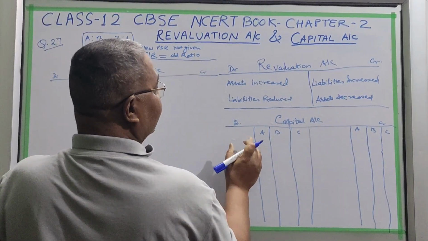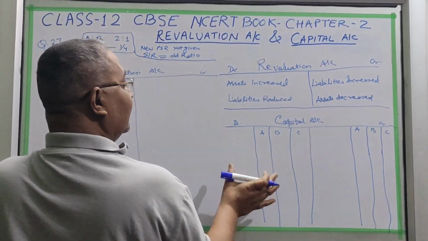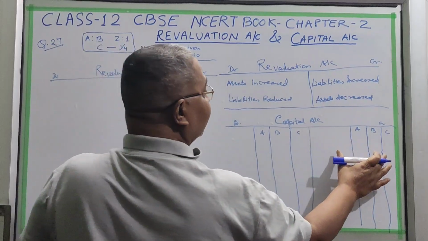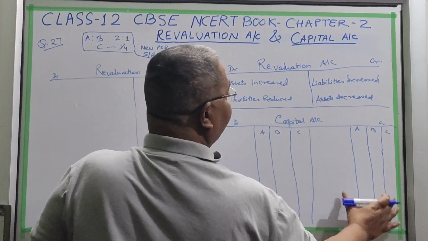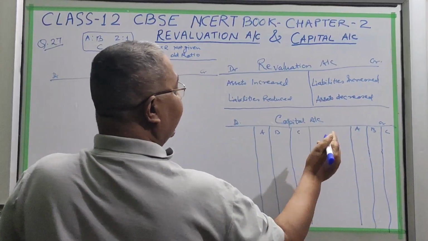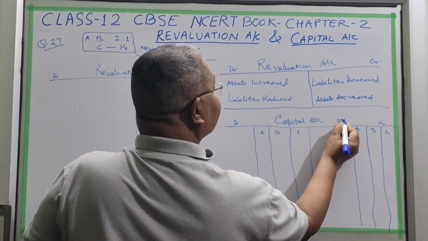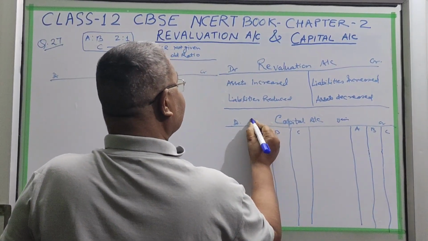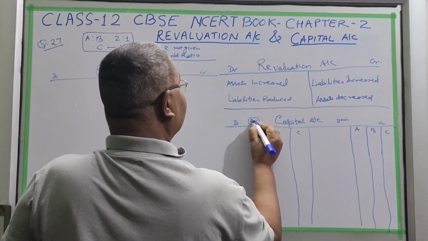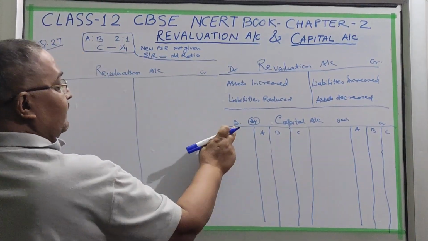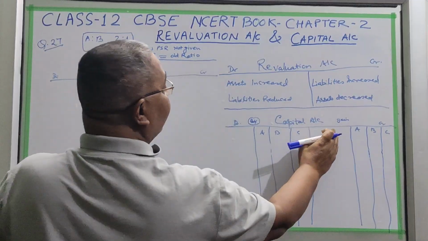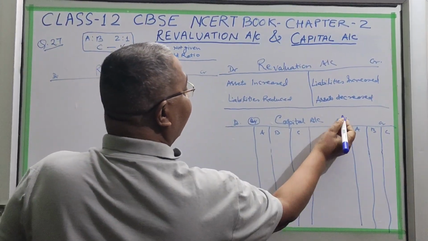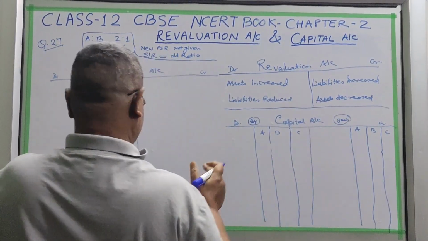The capital account is debited with whatever the partner has to pay, and whatever the partner gains will be written on the credit side. Just keep this in mind, and the question will be solved.